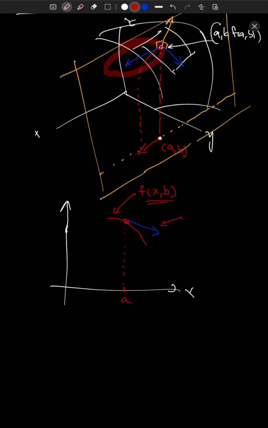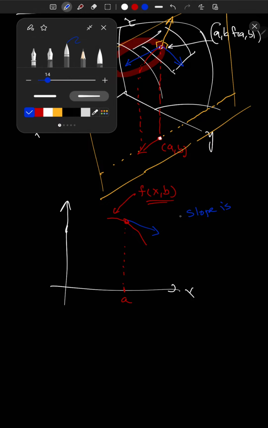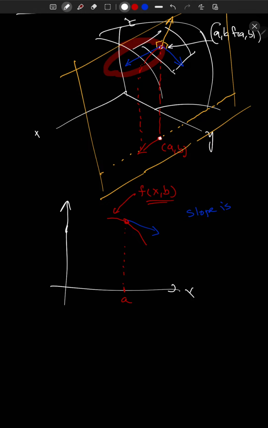And the idea is, we know that the slope of this arrow is df dx, because it's the tangent direction.